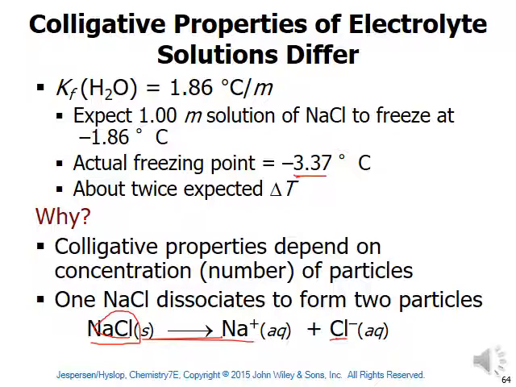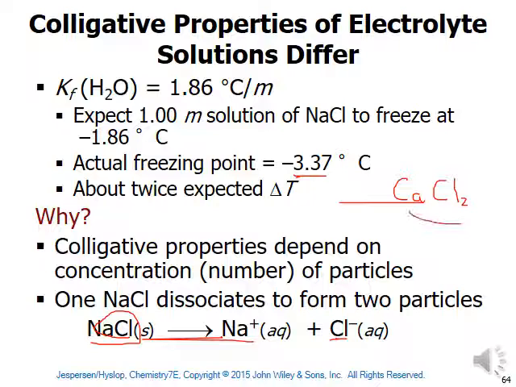Okay. For instance, if you buy salt at the store to keep your driveway or sidewalk from freezing, you could buy regular rock salt, which is NaCl, or you can buy, I think it's sometimes called heat, and that's calcium chloride. And calcium chloride breaks into 3 parts instead of 2.